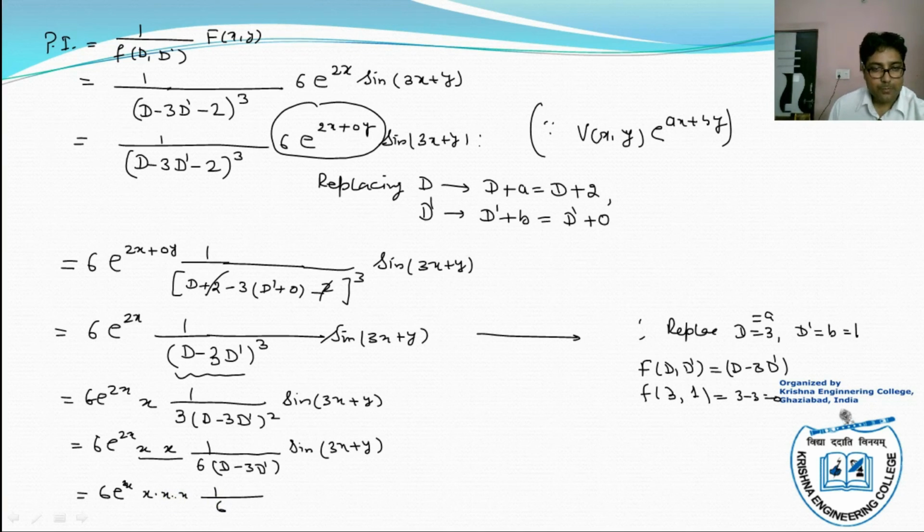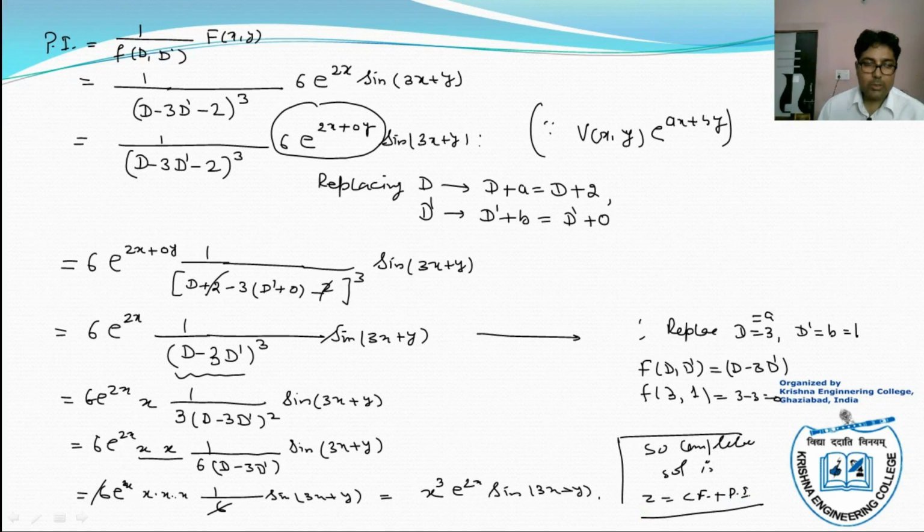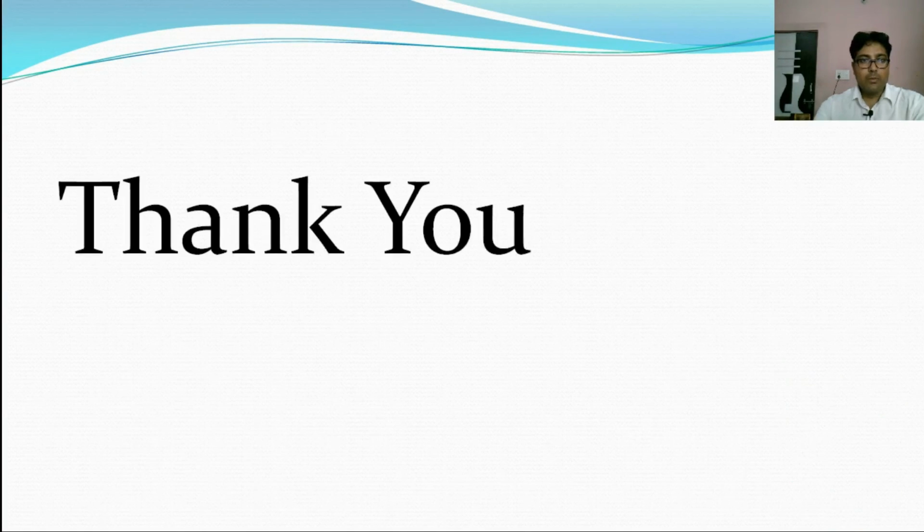This becomes 1 upon 6, sin(3x plus y). Cancel the 6 and 6 and this becomes x cubed e to the power 2x sin(3x plus y). This is the complete PI. So the complete solution is z is equal to CF plus PI. I hope you understand both the cases of PI. Okay, thank you.